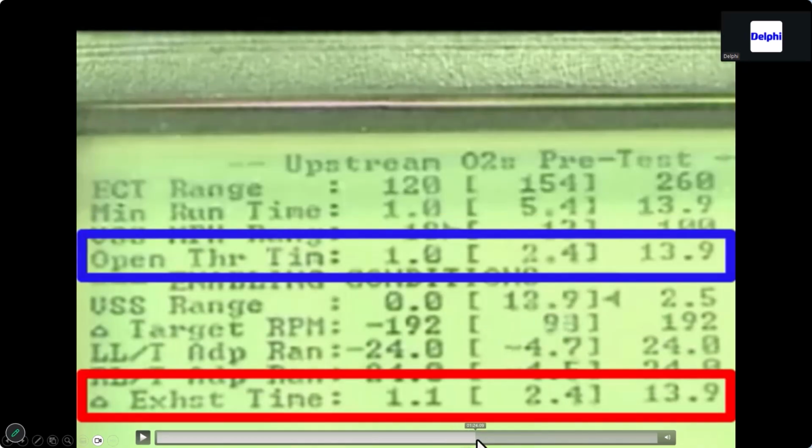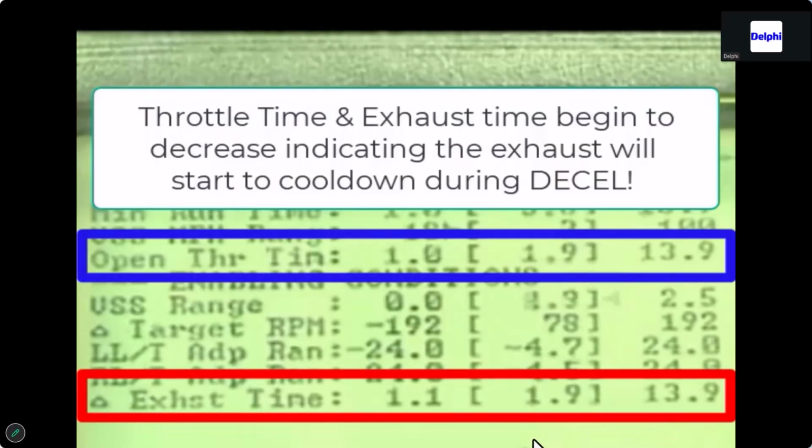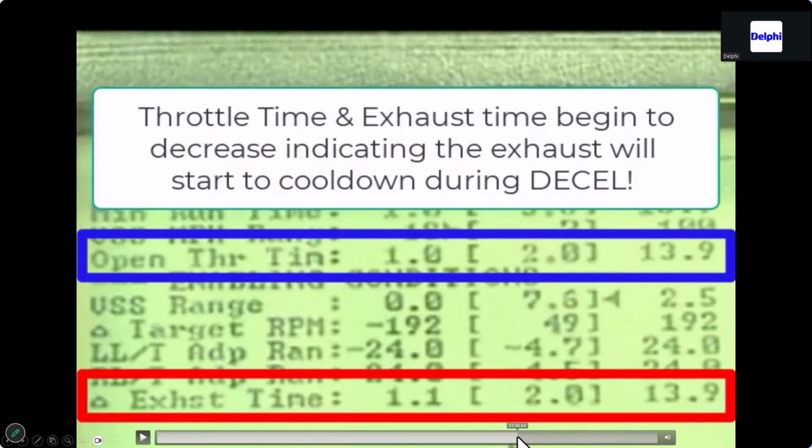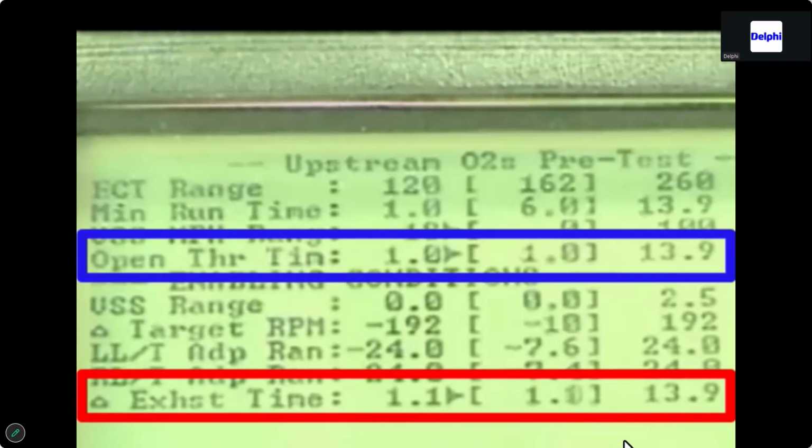and I purposely did this so you could see. And all of a sudden, you've got to slow down. So let's say you slow down and you speed up. Well, once the throttle opens again, the timer will pick up. But if you're lazy on the throttle or you have to stop for a long period of time and close that throttle for a long period of time, once that arrow pops back up, you can either go back up if you haven't exceeded the maximum amount of time, or you're done that trip.